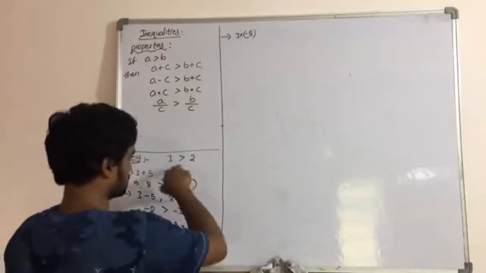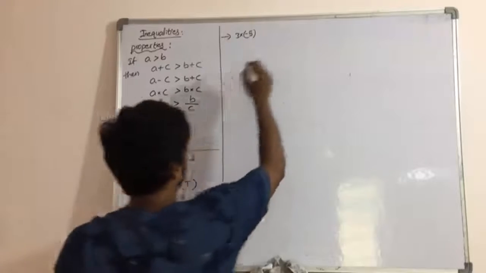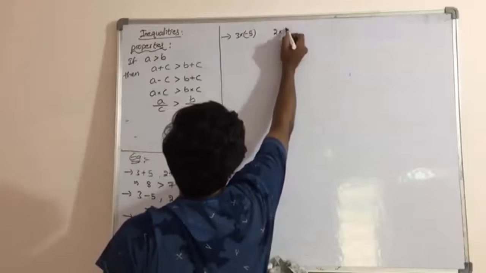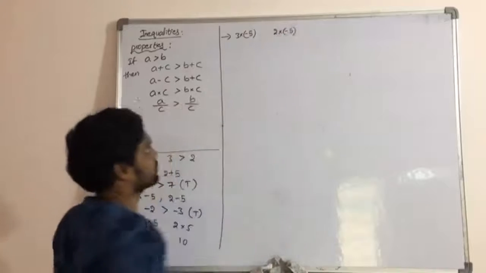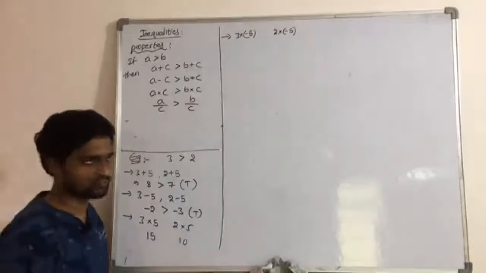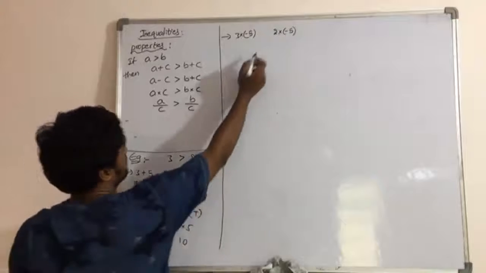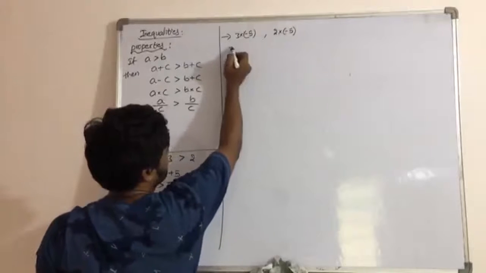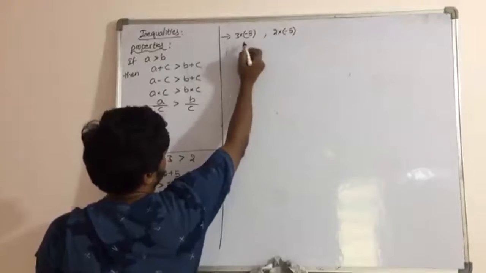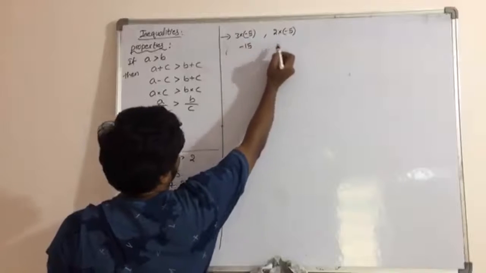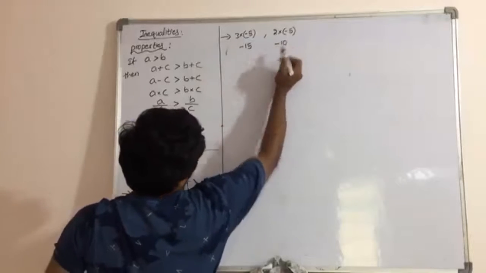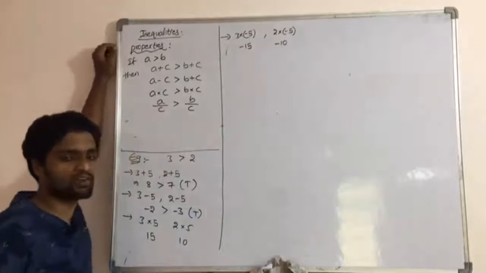And what is in the RHS? 2. So 2 into minus 5. LHS, RHS. So what is this? Minus 15. What is this? Minus 10. Now observe what happened.